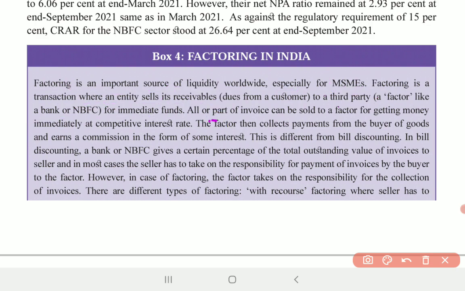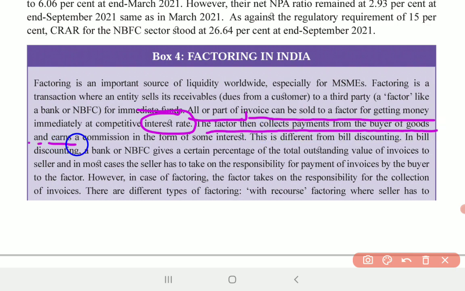The MSME may sell all or part of an invoice to a factor for getting money immediately at a computed interest rate. So here interest is important. The factor then collects payment from the buyer of the goods and earns a commission in the form of interest.